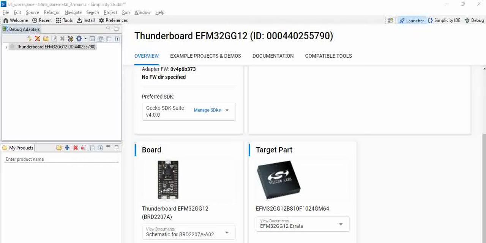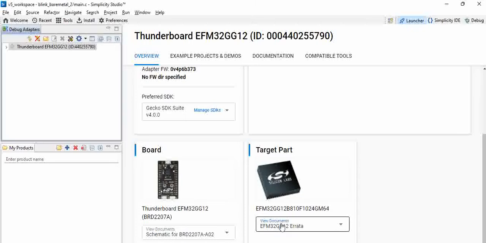As mentioned, there are several example projects and demos available. If you are a student or a beginner, you can use them, play around, and understand the code. Or if you are a professional, you can start writing your code from scratch by going through the data sheet and the reference manual.